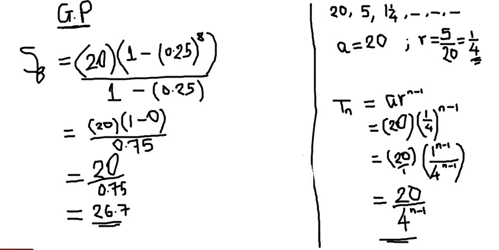It's 26.666667. So we can round it off at the nearest whole number or 1 decimal place to have 3 significant figures. So that is how we solve questions involving the geometric progression.